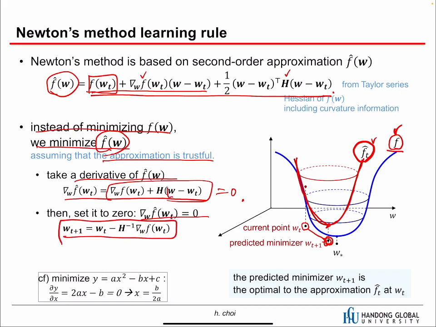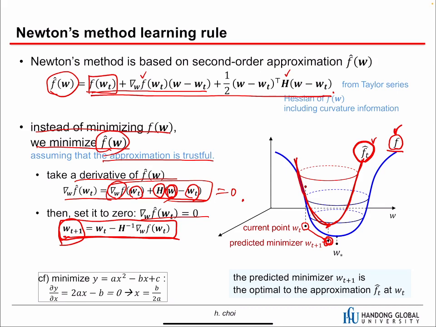This one is the parameter. W sub t is given. The current parameter is fixed. We calculate the gradient and we calculate the Hessian. And then we have to find this w, and that will be w sub t plus 1. This is the learning rule for Newton's method.